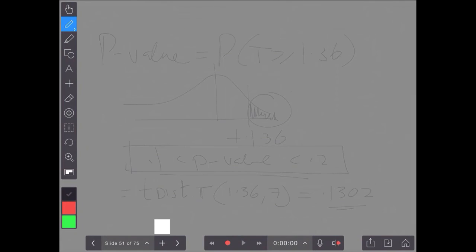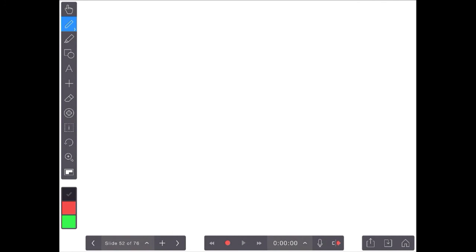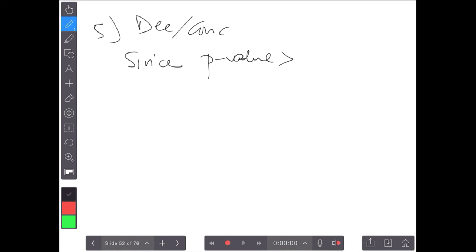So now, step 5 is our decision conclusion. So since the p-value is actually greater than 5%, which is alpha, we fail to reject H0. What do we conclude?